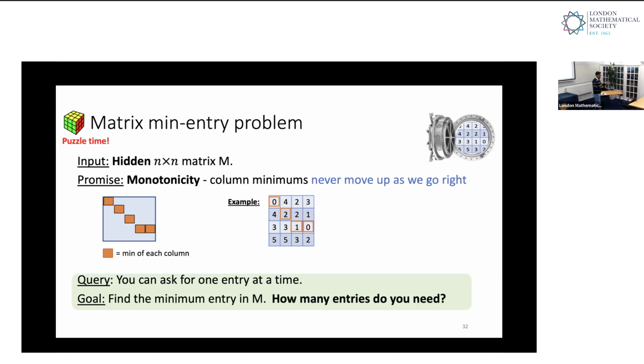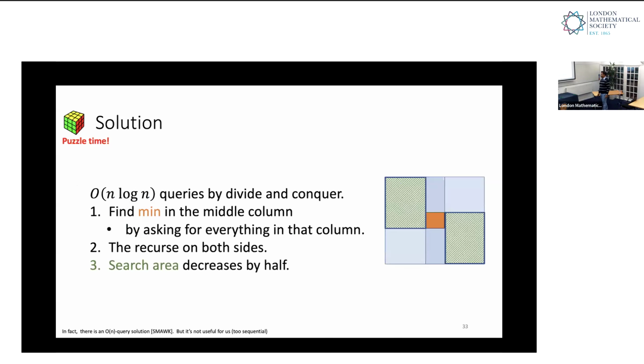All right. One naive algorithm is to read everything, right? That's n squared. Can you do anything better than n squared? Well, it turns out that you can. You can do a divide and conquer. You can look at the middle column, read everything from there, and find the minimum entry over there.